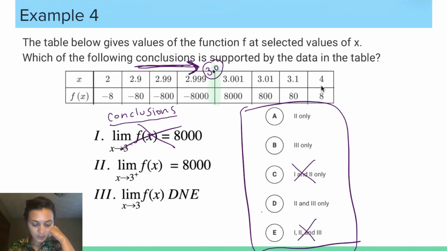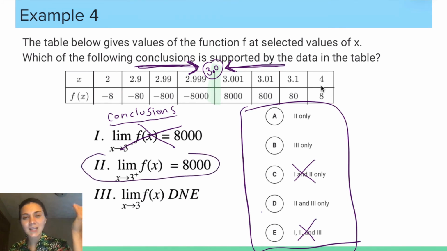Okay, now let's look at the limit as x approaches 3 from the right, so that's this way. And I can see that as I approach 3 from the right, my function value is getting close to 8,000. So that one, I'm going to leave. This conclusion is supported.